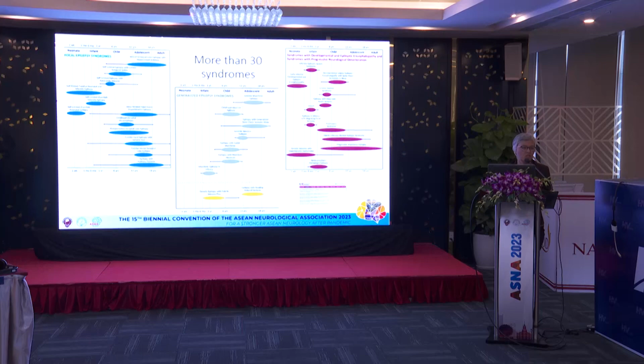Sorry, they changed everything. So now it's infantile spasms syndrome, ESS. So ESS is here. It's one of more than 30 syndromes that are characterized by the age of onset.